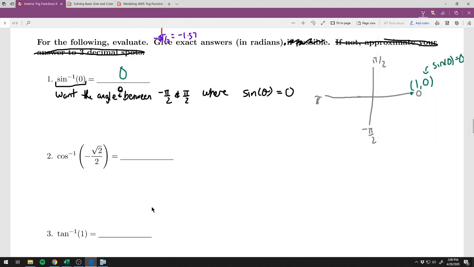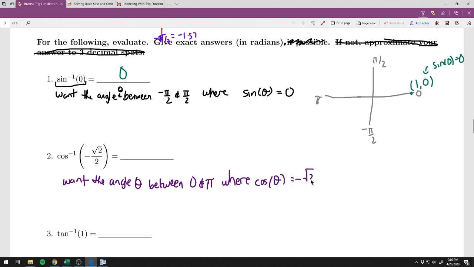Right, now down to number 2, cosine inverse of negative square root of 2 over 2. We want the angle theta, whatever we want to call it, between, since we're dealing with cosine inverse here, it's between 0 and pi, where cosine of theta equals that negative square root of 2 over 2.